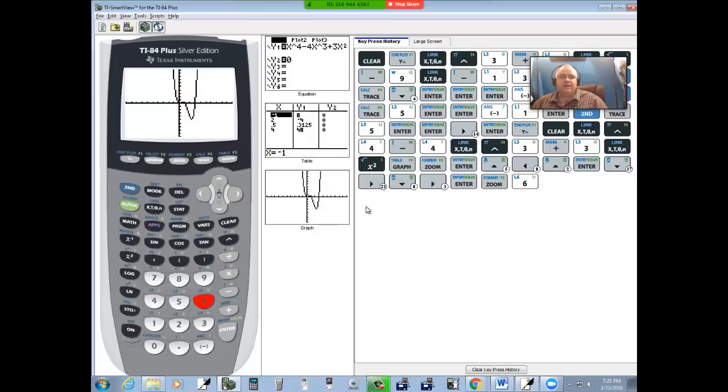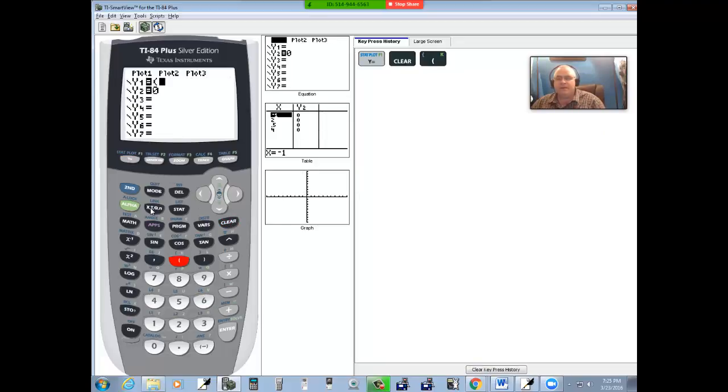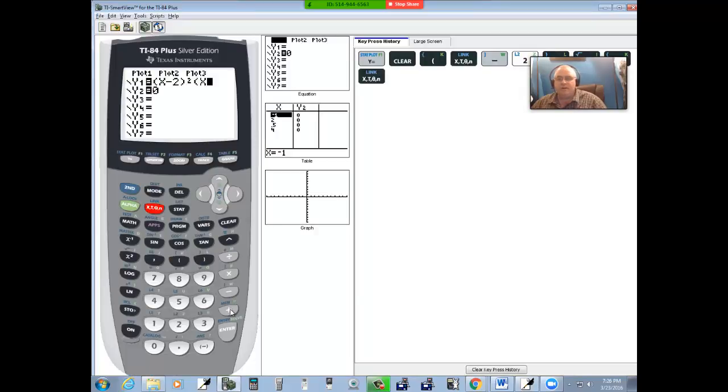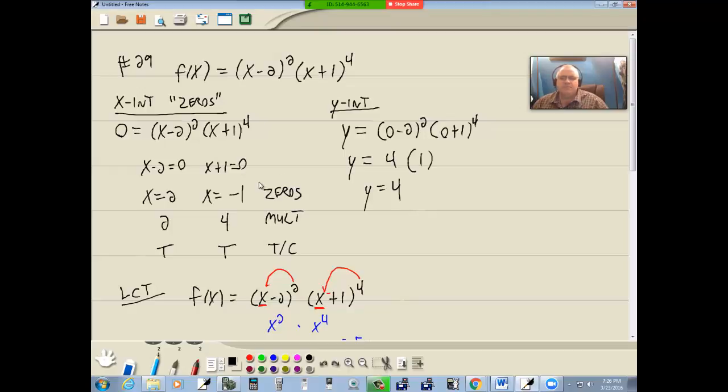Okay, so I got y equals, clear, and then x minus 2 squared, and then x plus 1 to the fourth power, and then graph.